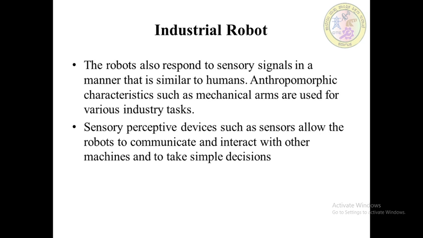Overall, in industrial purposes, robots are used very efficiently to increase the productivity of the product as well as the communication. The line communication of that production has to be improved through palletizing and pick and place. Likewise, there are different kinds of purposes for using the industrial robot.